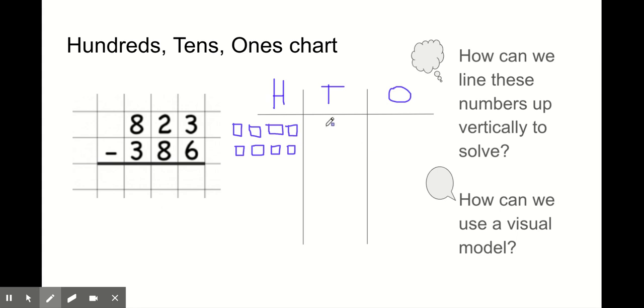And then I need 2 tens and 3 ones. For 386, I need 300 blocks, 8 tens, and 6 ones.